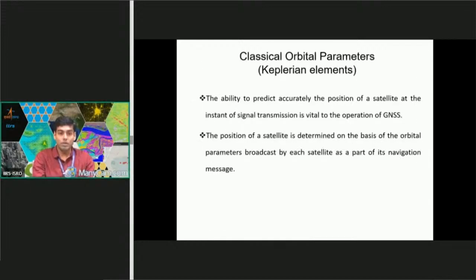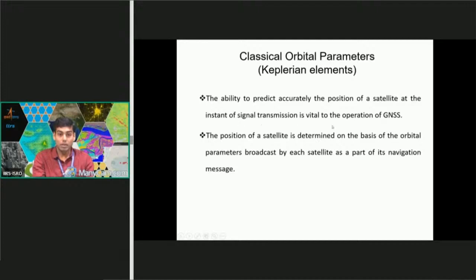Now we are going to discuss the parameters. First we will discuss the satellite position, how we determine the position of the satellite precisely. To estimate precisely, we need Keplerian elements.